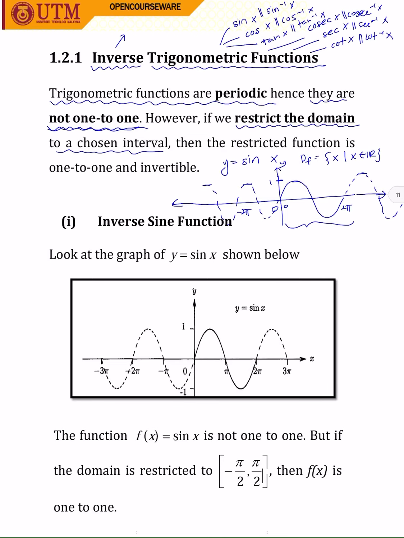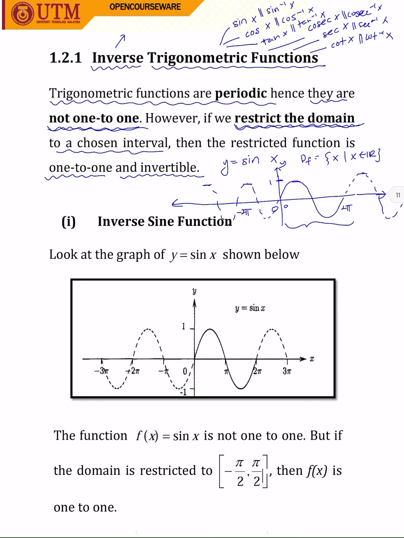But if we restrict the domain, meaning that it's not from minus infinity to infinity, we just restrict, for example 0 to 2 pi, or from minus pi to pi, alright? So if we restrict the domain, then the restricted function is one-to-one and invertible. What happened? It will be inverse.